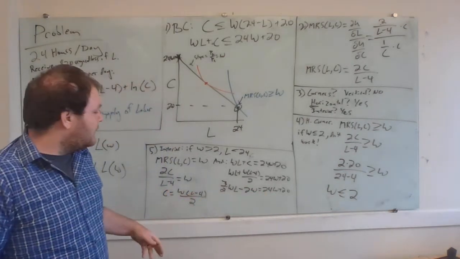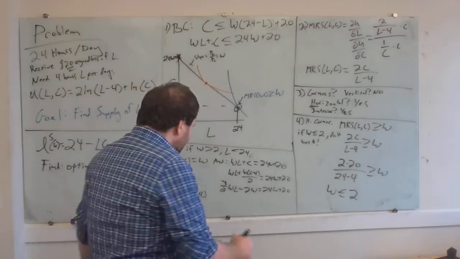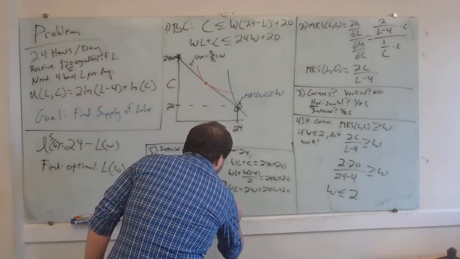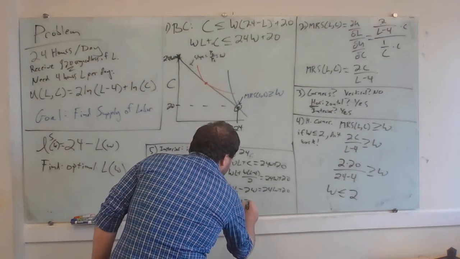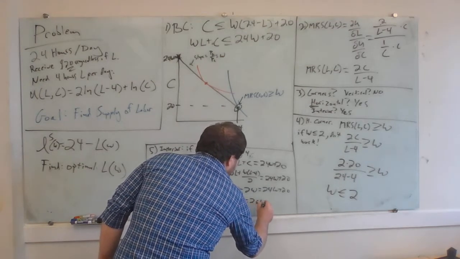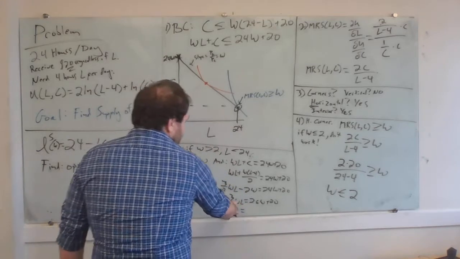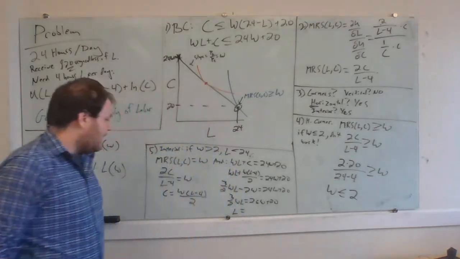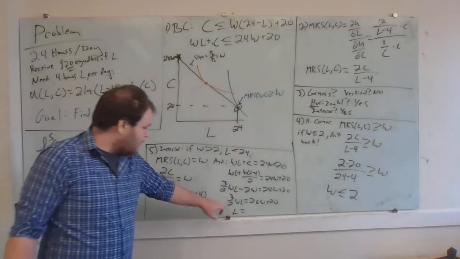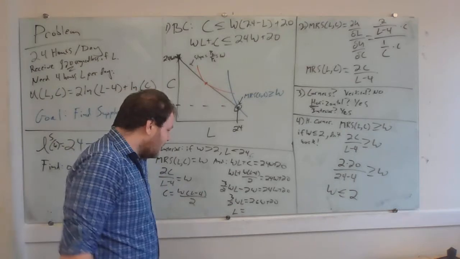Remember, for any given value of W, this is just going to be some number. I'll say 3/2 WL is going to equal 26W plus 20. Then I'm going to multiply both sides by 2 over 3W, to get L by itself.